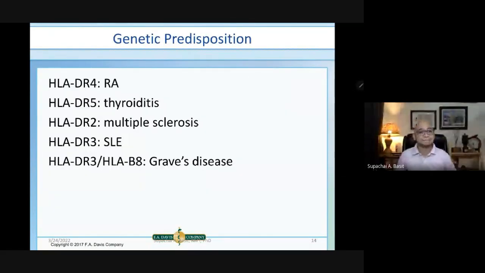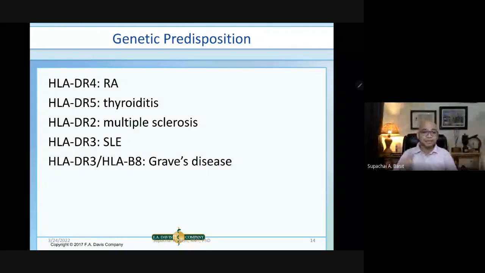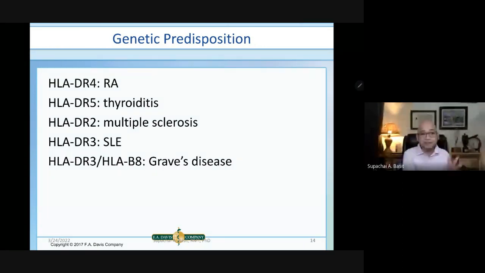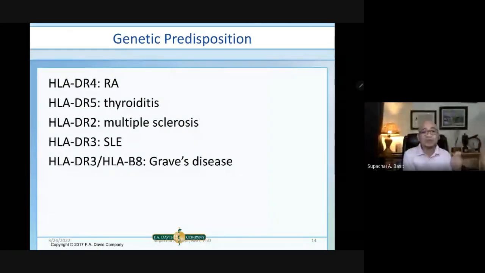So autoimmune disease can be transferred. This is what I told you about genetic predisposition. If you have HLA-DR4, you are genetically predisposed to have rheumatoid arthritis. If you have HLA-DR5, you are genetically predisposed to have thyroiditis. If you have HLA-DR2, multiple sclerosis.